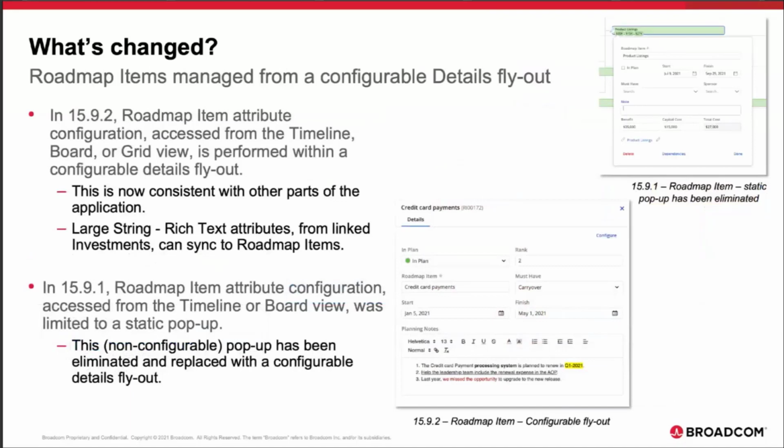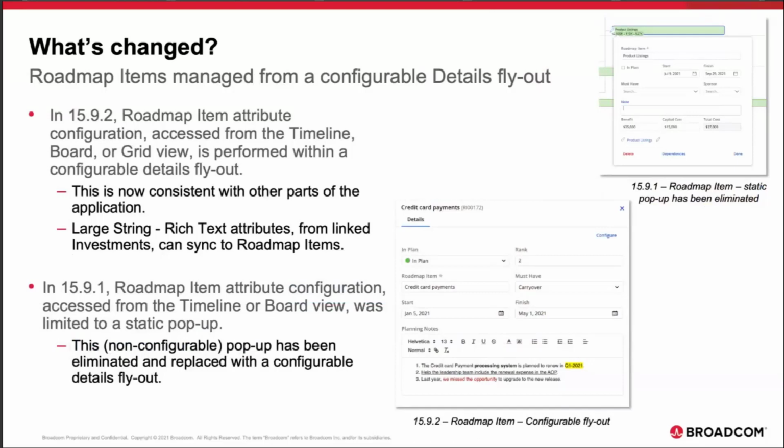I touched on this, but it's worth mentioning again that the roadmap item configuration accessed from the timeline, board, or grid views is now done through that configurable flyout, which is positioned there in the center of the screen. So for those of you familiar with the application, this is now consistent with other parts of the app.